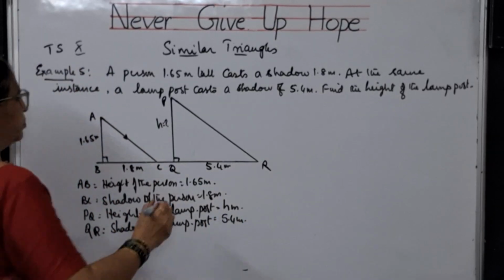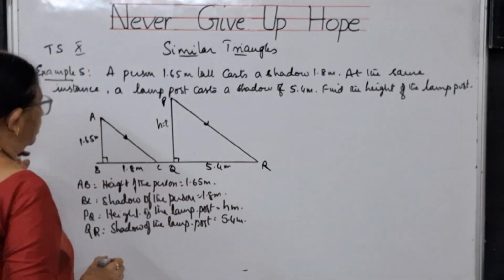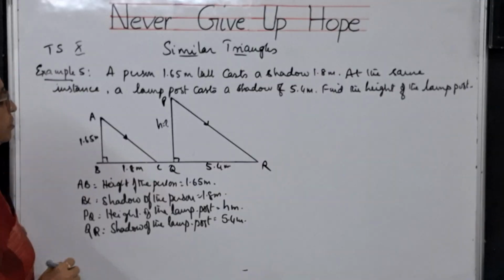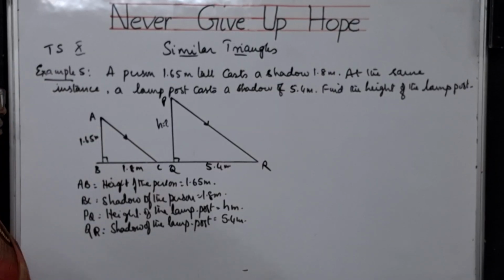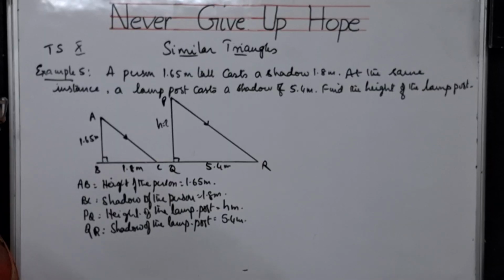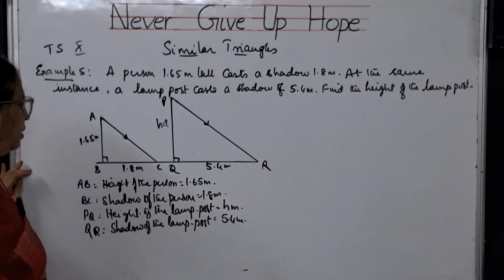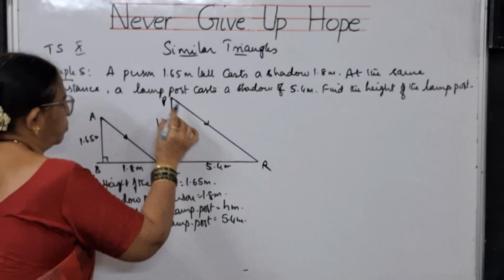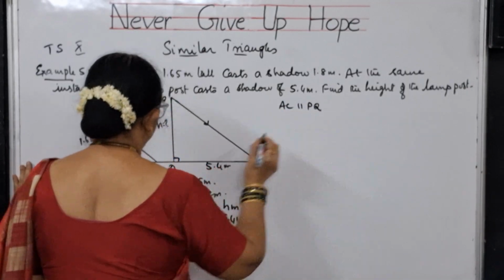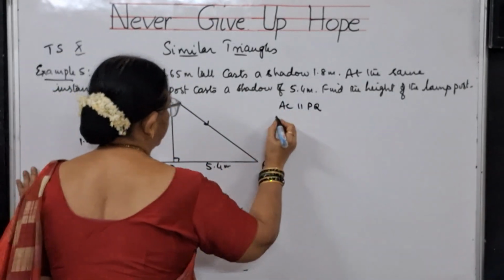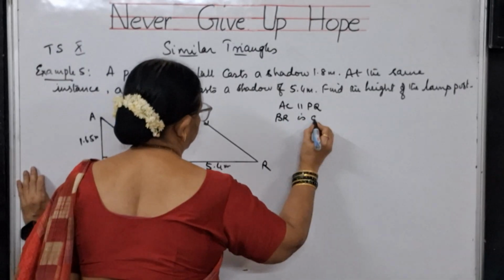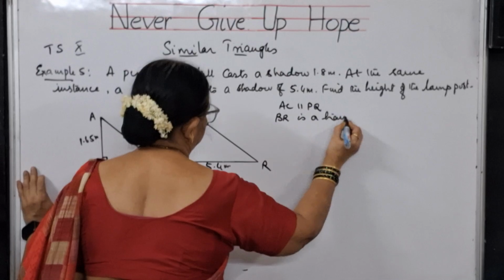Now, these two are sun's rays, children. Only when the sun's rays fall, we get the shadow. And always sun's rays are parallel, so the arrow indicates that AC is parallel to PQ. Now when AC is parallel to PQ, you can consider BR as a transversal.